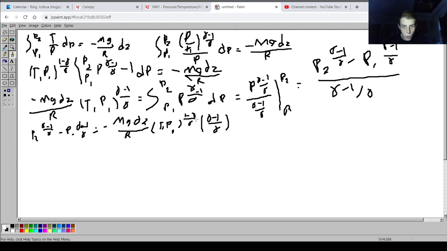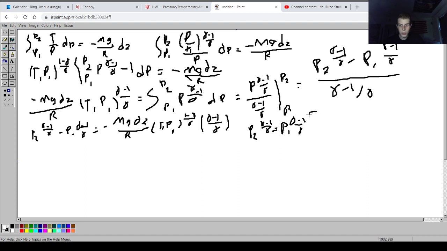And now we are just going to combine like terms. So let me do that real quick. We're going to bring the P1 over to the other side. So that's going to end up looking like P2, still keep the same exponent, gamma minus 1 over gamma, is now equal to, like I said, we were bringing the P1 over to the other side. P1, same exponent, gamma minus 1 over gamma.